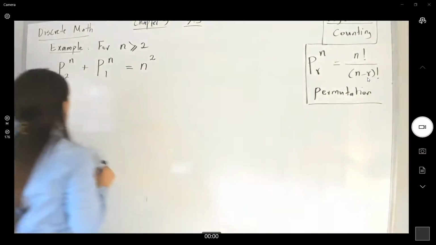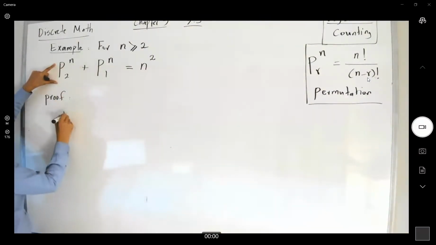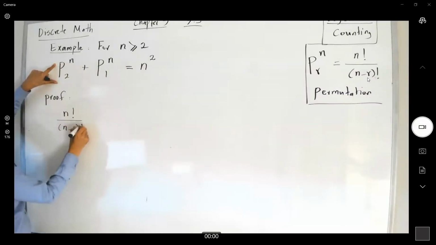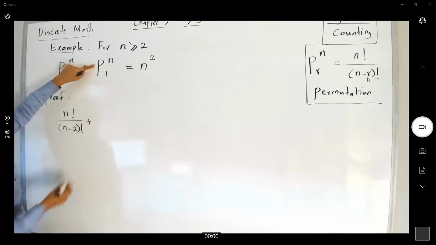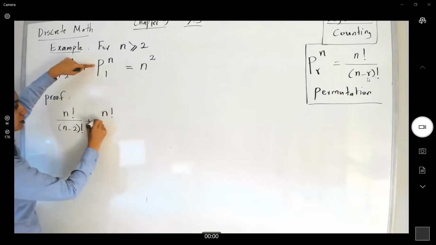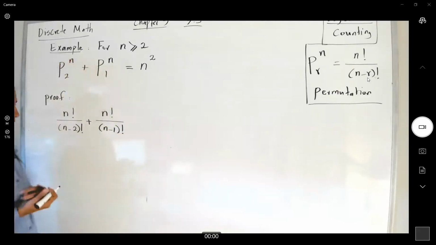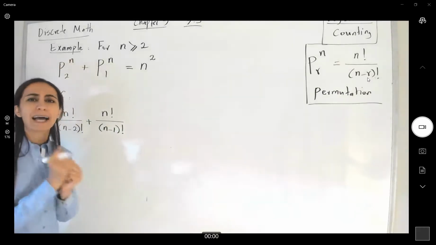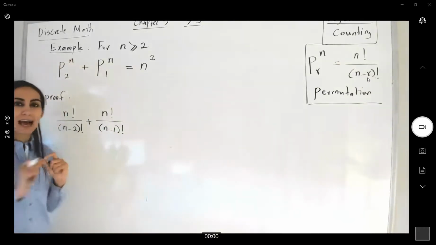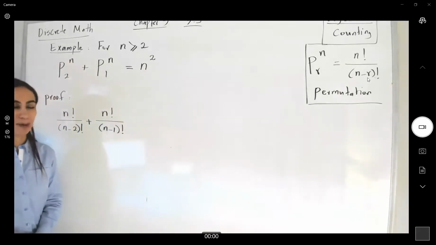Okay, so the permutation of 2 objects out of n objects is n factorial divided by n minus 2 factorial plus permutation of 1 object out of n objects is n factorial divided by n minus 1 factorial. Okay. You have 2 fractions. Your goal is to add them together, but they don't have a common denominator. What is the common denominator?